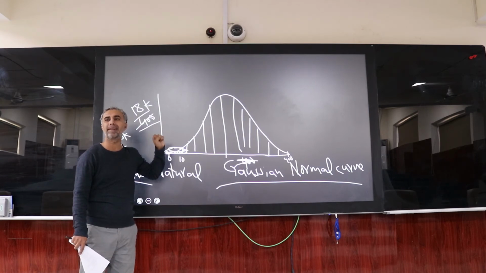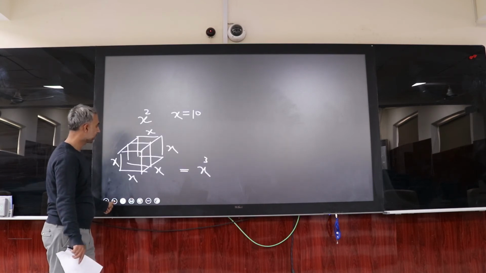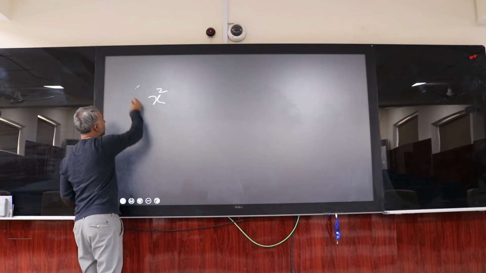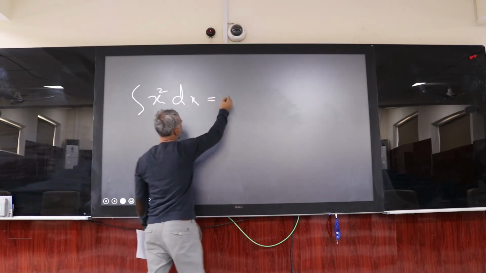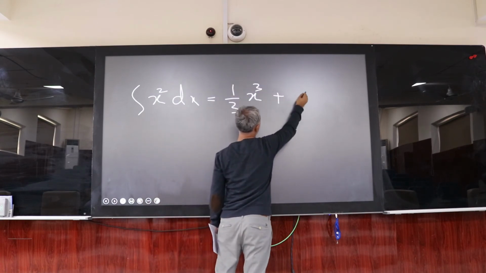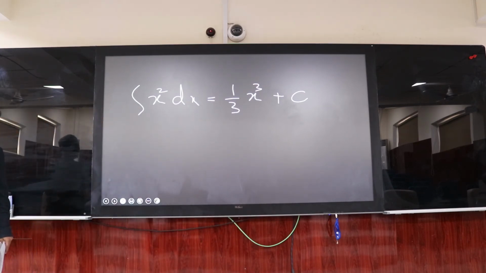So we need to apply the integral. And if you apply the integral on this scale, then you will get this result. Though this is not the volume, this is kind of a cone.